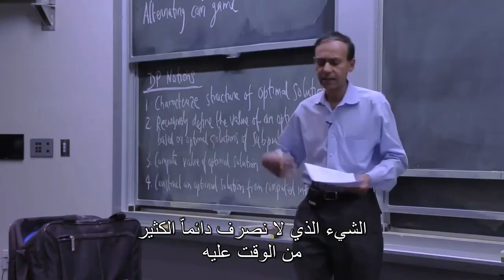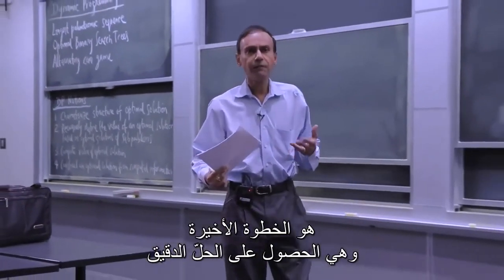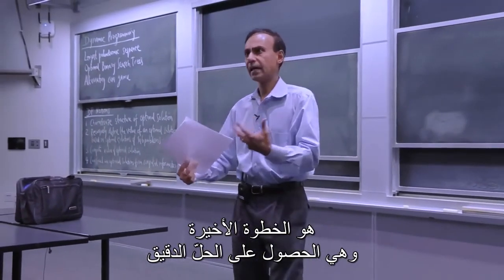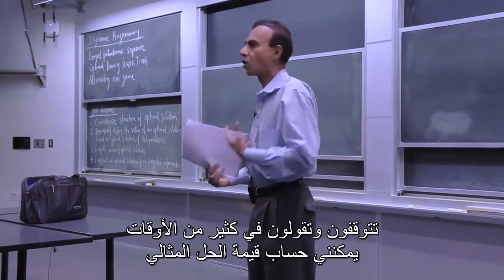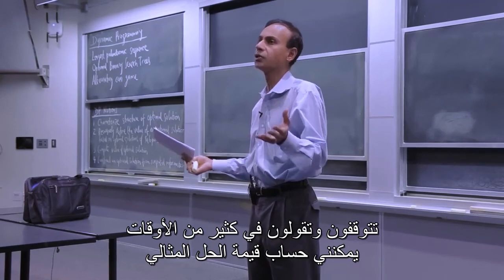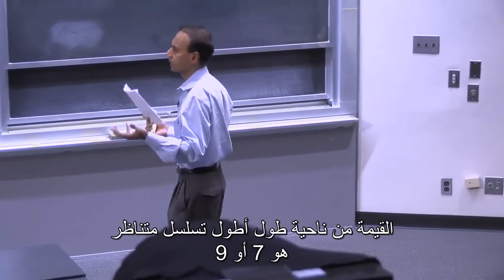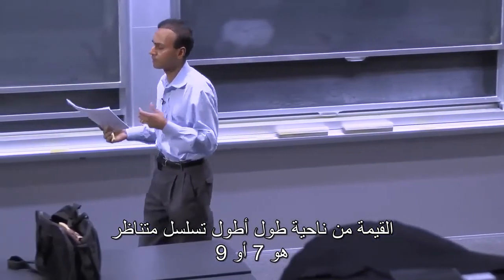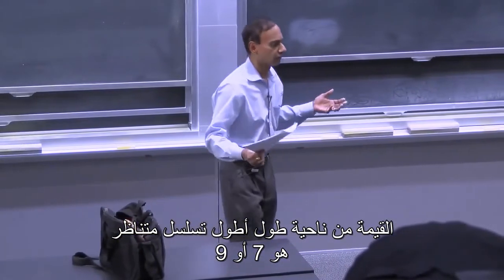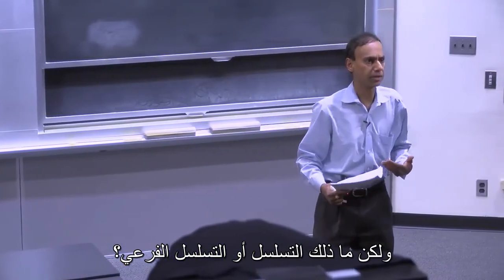The one thing that sometimes we don't spend a whole lot of time on is this last step, which is getting the exact solution. A lot of the time you stop with saying, I can compute the value of the optimum solution. The value, in terms of the length of the longest palindromic sequence, is 7 or 9. But what is that sequence or subsequence?